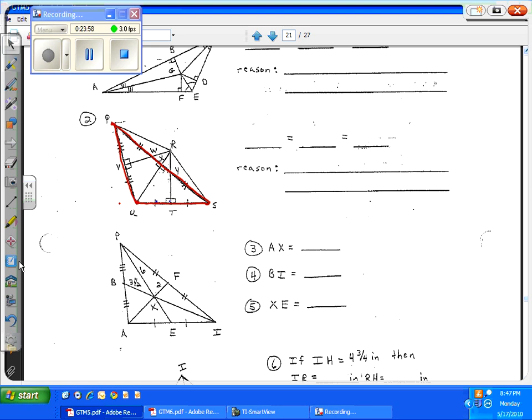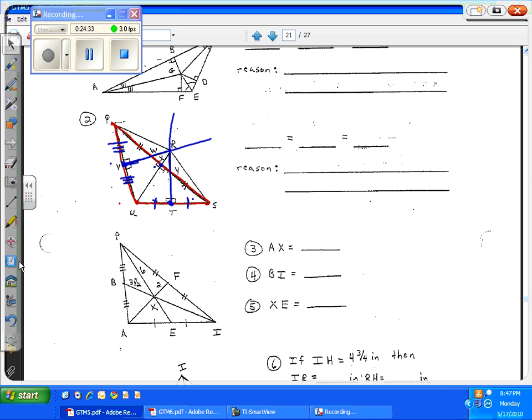P is the midpoint of this side, and so TR is the perpendicular bisector of that side. Y is the midpoint of this side, so YR is the perpendicular bisector of side QU.